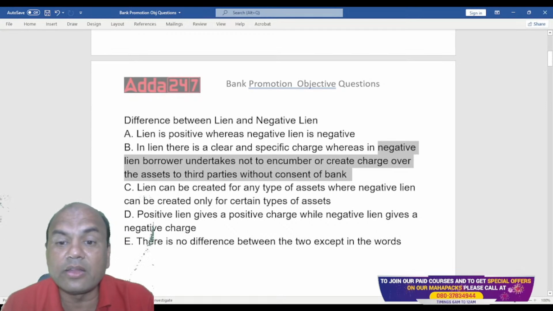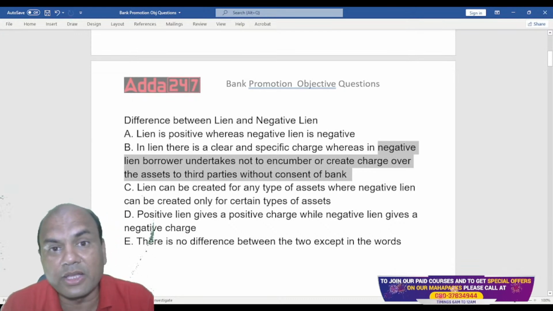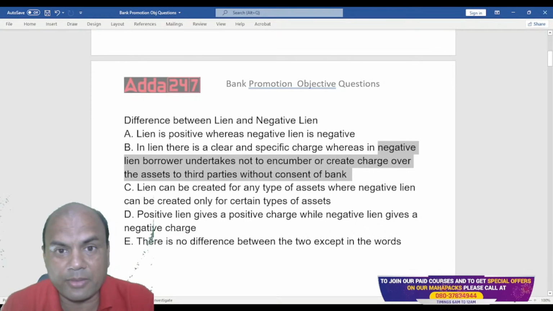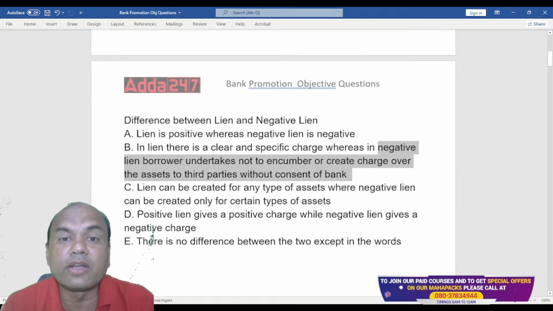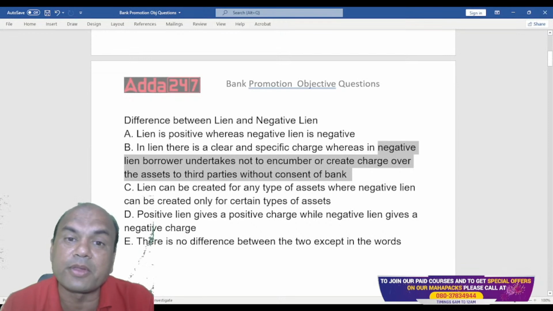Negative lien won't be applicable only to documentary assets like FD. Negative lien will also be applicable to some physical assets. So I am the bank, I am giving you the loan, and you will give it in writing to me that you won't create the charge, that is, you won't mortgage your house or whatever property is given to me. You won't mortgage that house or hypothecate that property in the name of some other XYZ bank.